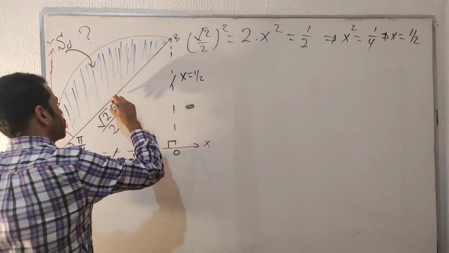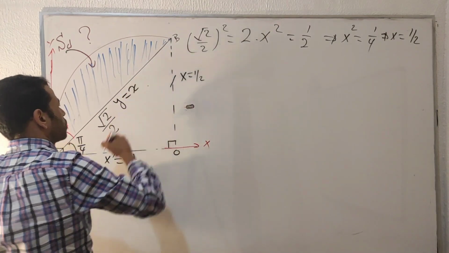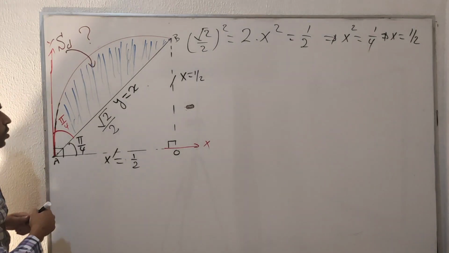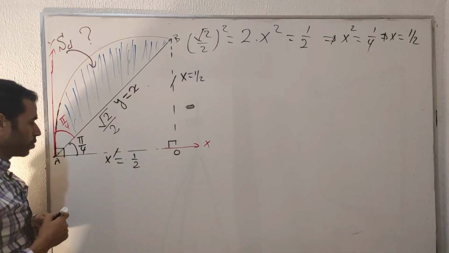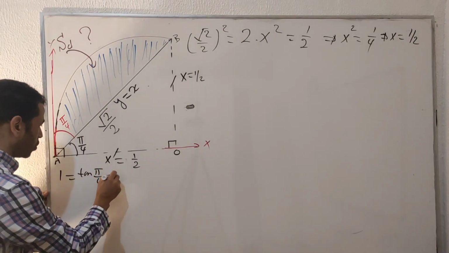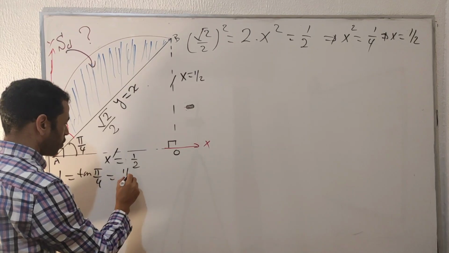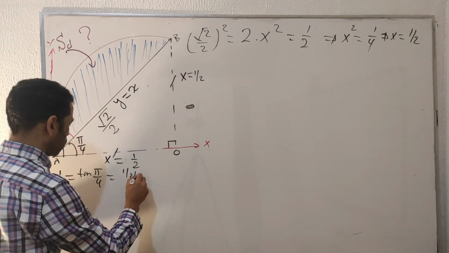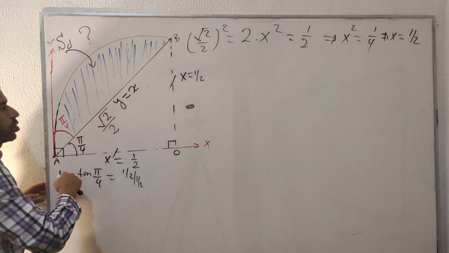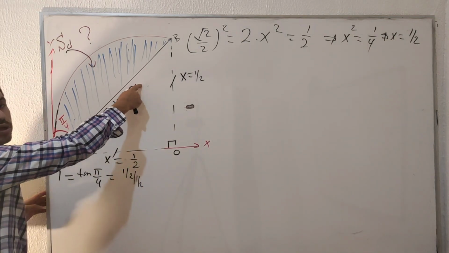This one is y equals x, because the slope equals 1. The slope equals the tangent of pi over 4, which equals this distance, half, over half, which is 1. Also this line passes through the origin, so we don't have to add anything here.